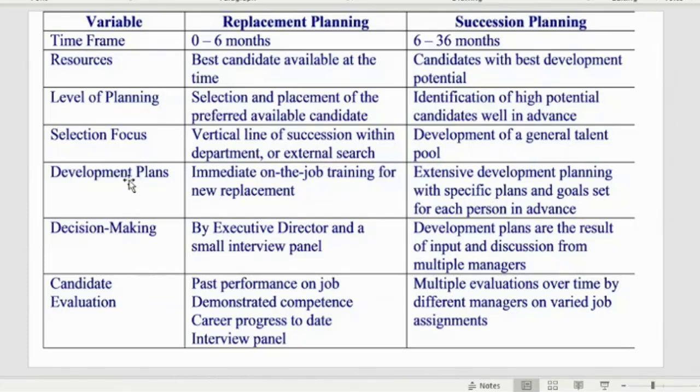In terms of development plans, you have extensive development planning with specific plans and goals set for each person in advance. For decision making, development plans are the result of input and discussion from multiple managers and multiple senior level executives. Now, the candidate evaluation is by multiple evaluations over time by different managers on varied job assignments.